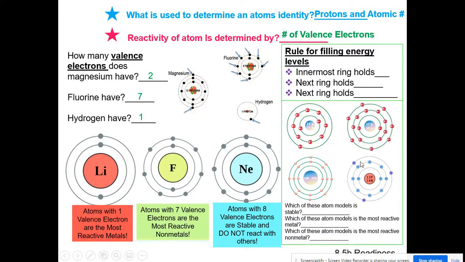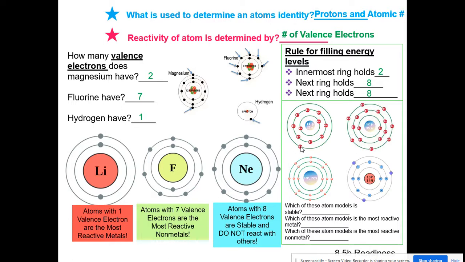The innermost ring, that's this one right here, can only hold 2 electrons. The second ring, and that's this one right here, can only hold 8 electrons. And the last energy level, which is the last one right here, with only 1 valence electron, can hold up to 8 valence electrons.